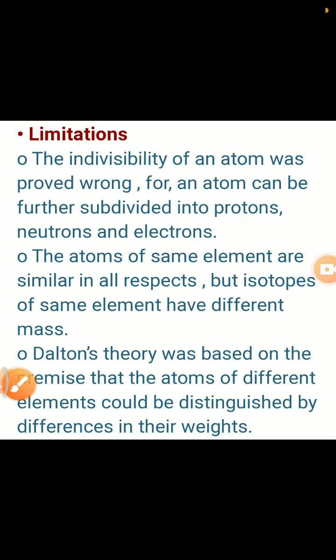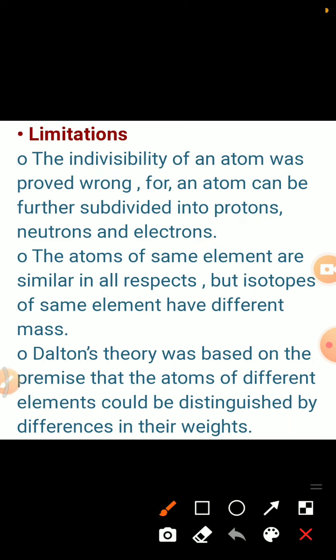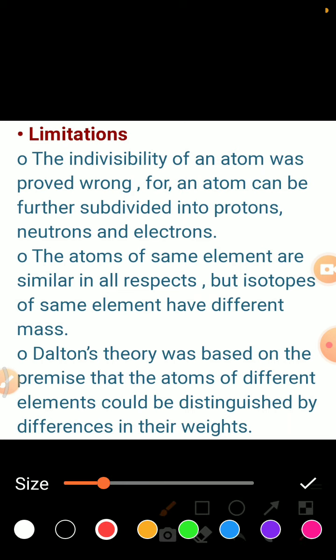Next, it was said that atoms of the same element are similar in all respects, but isotopes of the same element have different mass. Earlier it was said that if there is a particle of blue color, then another blue particle would be the same and their masses would also be the same.